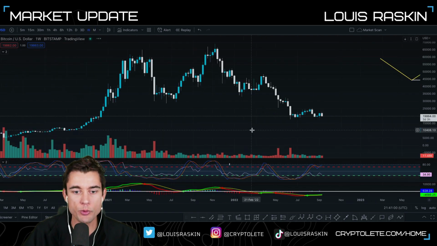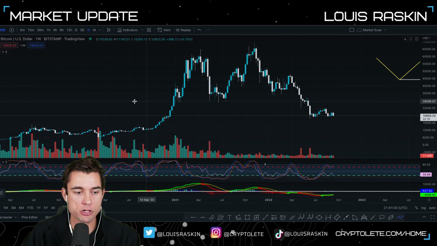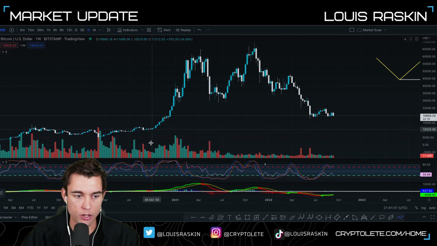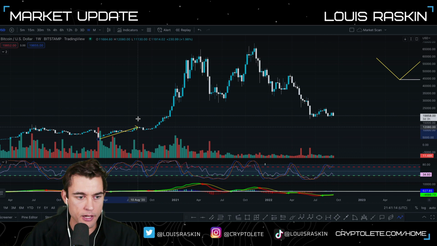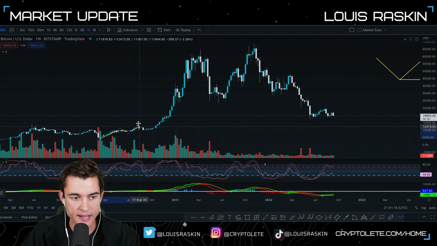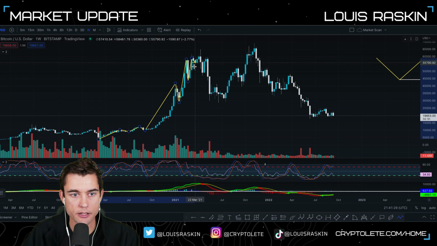But if we go down to the weekly chart, let's see if we can plot out more market structures and market structure breaks. If we start off, I believe we started off at this low. It looks like we made a high right here, followed by a consolidation or a base, followed by another rally, followed by a higher low, a higher high, a higher low, and it looks like the price did something like this.